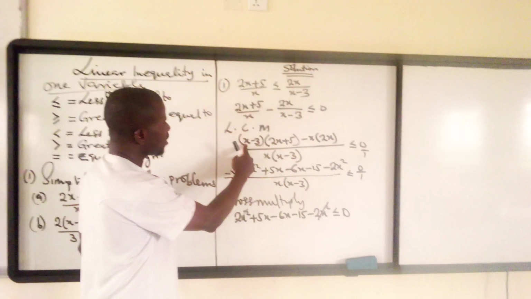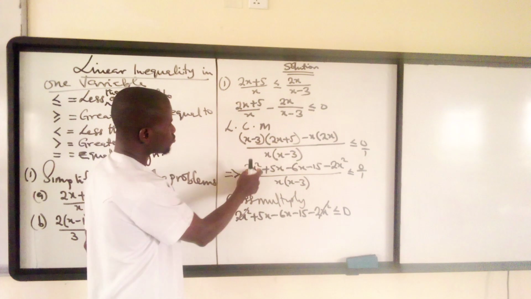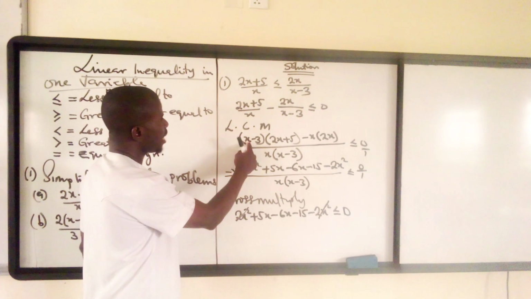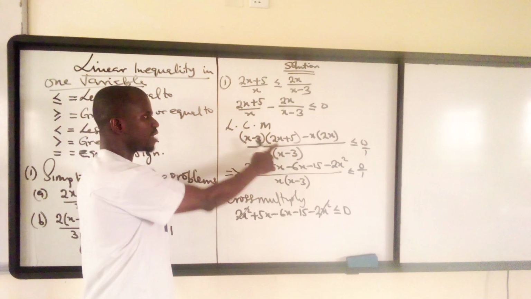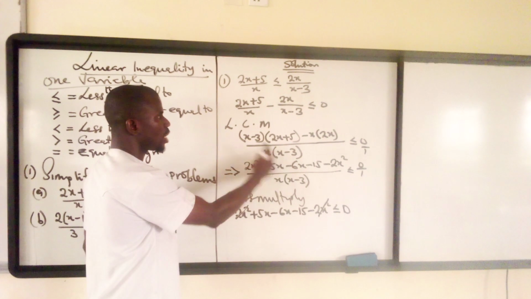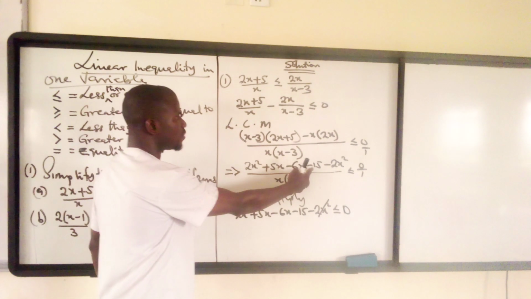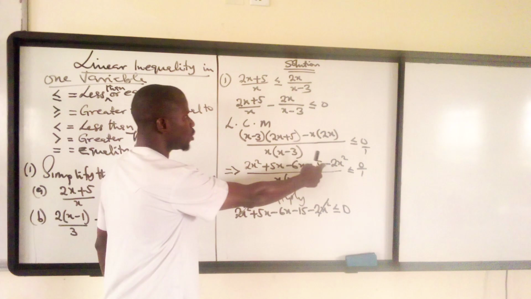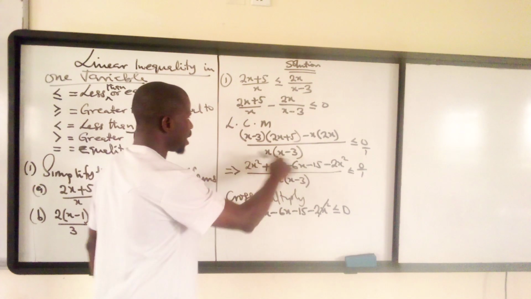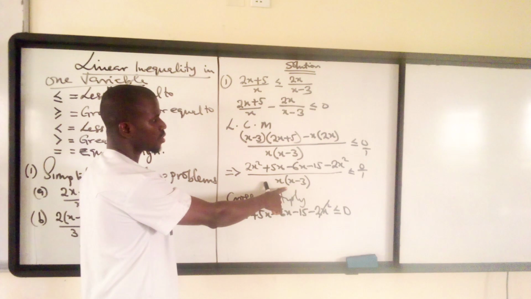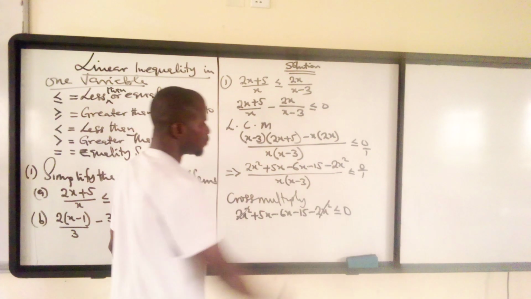We open by saying x times 2x, 2x squared, x times 5, 5x, minus 3 times 2x is minus 6x, minus 3 times 5 is minus 15, minus x times 2x is minus 2x squared, divided by x(x - 3). This is less than or equal to 0 over 1.